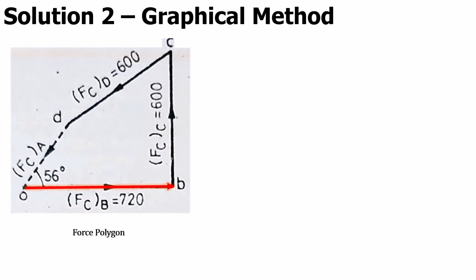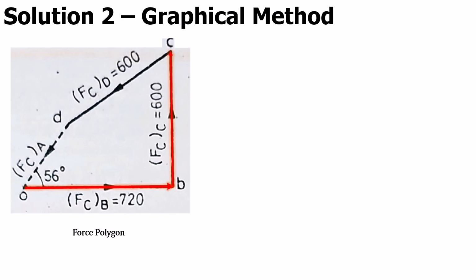Then from point B, we measure 90 degrees, which is the relationship between mass B and mass C, and the contribution is 600 kilogram centimeters by mass C. That gives us the position of point C.